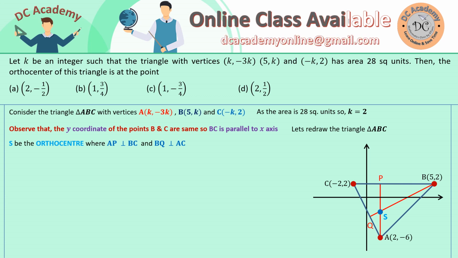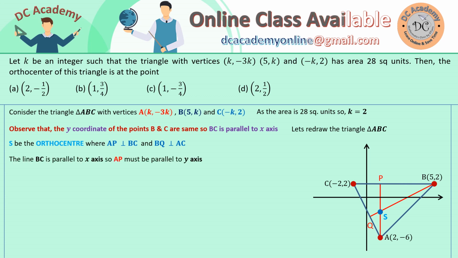So our job now is to find the equations of these two lines. Now we need to find the orthocentre, or that point of intersection. For that we need to find the equation of the line AP and obviously BQ.